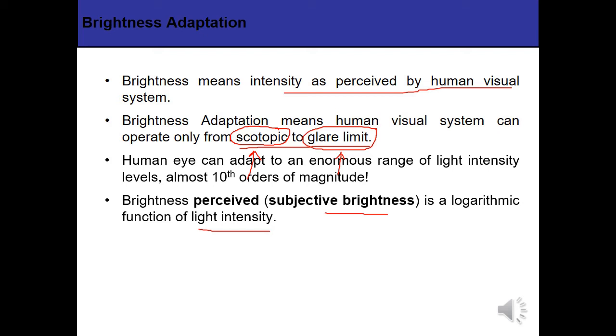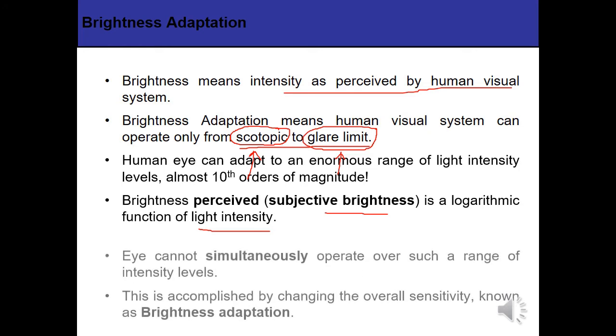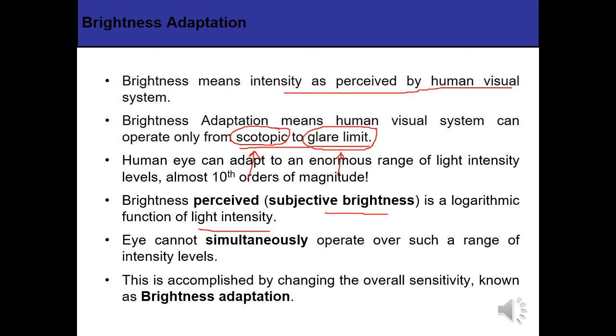This is due to the fact that brightness depends not only on the luminance of the object but also on the surrounding. The human eye cannot simultaneously operate over such a range of intensity levels. This is accomplished by changing the overall sensitivity, known as brightness adaptation.